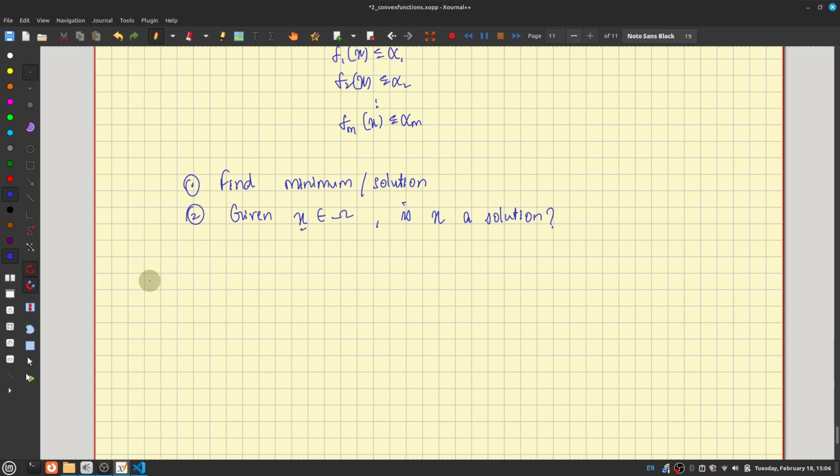Can I look all around myself or all around this point, or are only certain directions valid directions? Right? Because if I'm sort of in the interior of omega, then every direction is a valid direction to look for a solution from that particular point. But on the other hand, if I'm on the boundary, I can't go outside the constraint set. That I'm not allowed to do. I can only look within the constraint set.